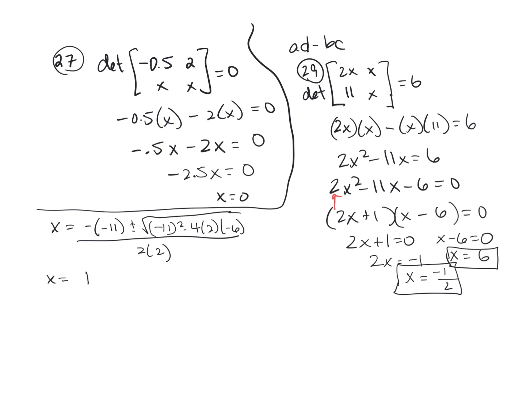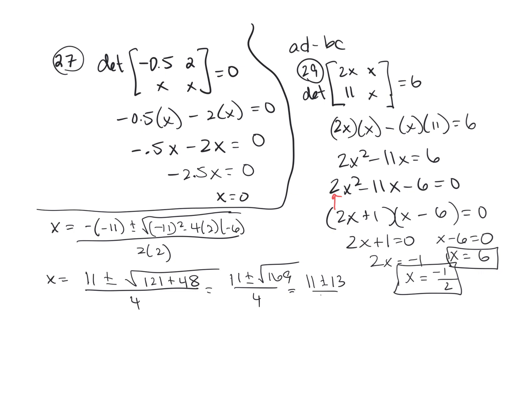So that will give us 11 plus or minus the square root of 121 plus, because it's negative times negative, and 8 times 6 is 48 all over 4. I'm going to try to squish this in here. So 11 plus or minus the square root of 169 over 4 is 11 plus or minus 13 over 4.